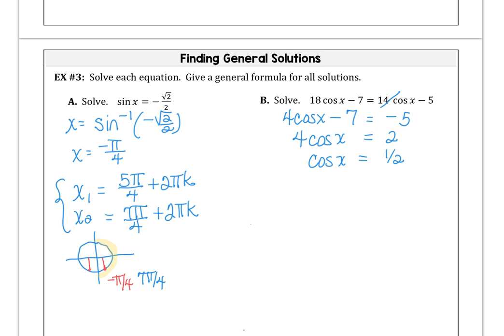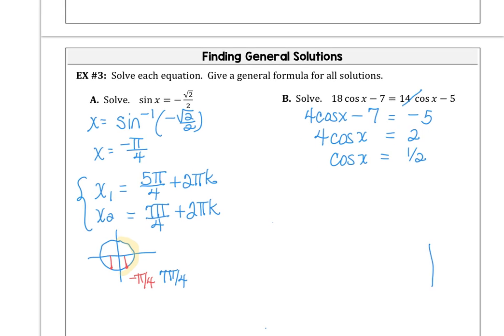Again, going back to the unit circle, I can use the unit circle as a visual here. Cosine is a half in quadrant 1. That happens at pi over 3. And cosine is also positive a half in quadrant 4.